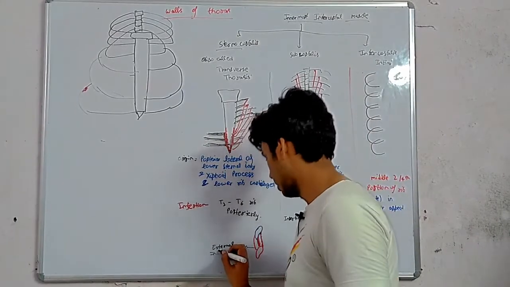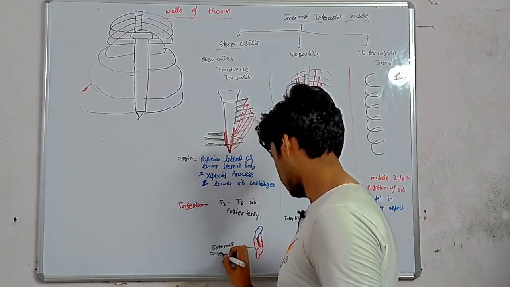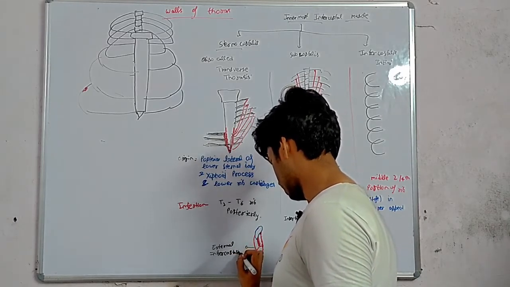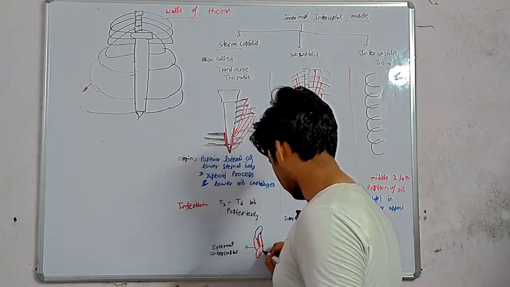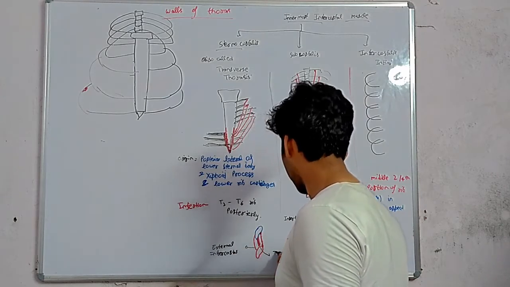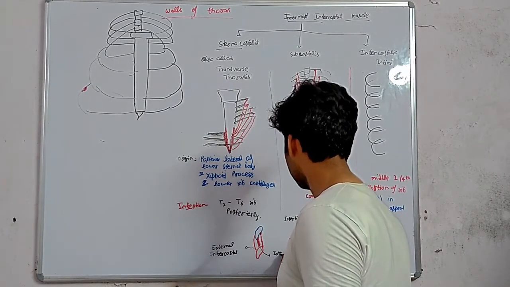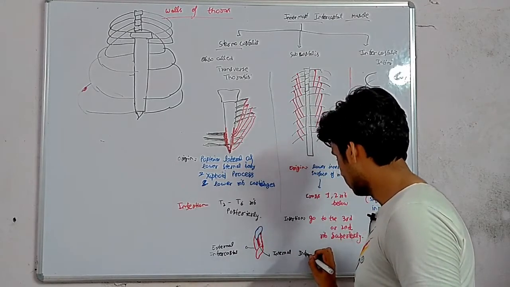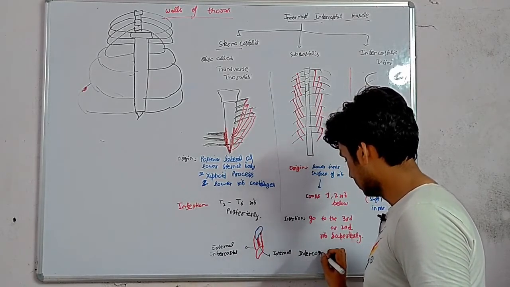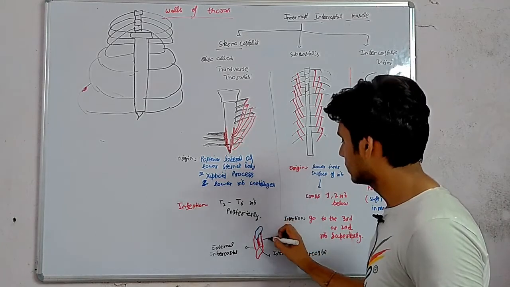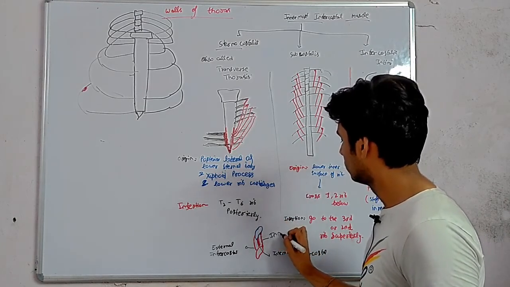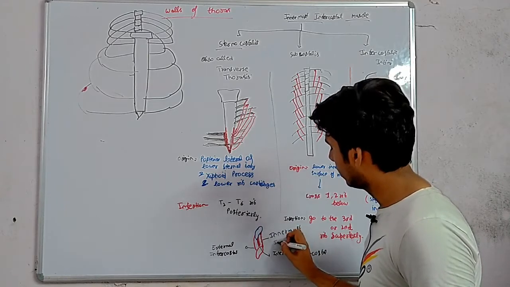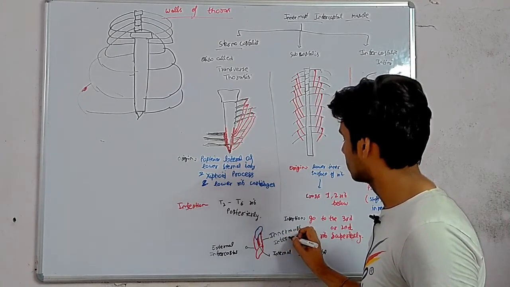Then this is the external intercostal, this is the internal intercostal, this is the innermost intercostal.